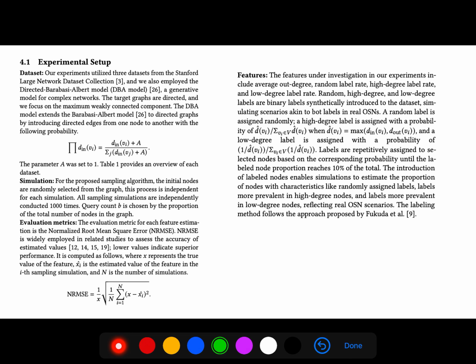And they did some experiments using datasets from the Stanford Large Network Dataset Collection.